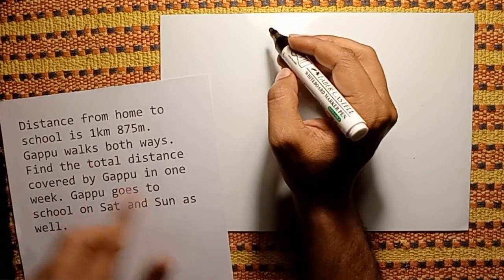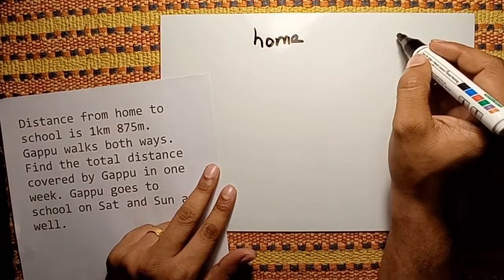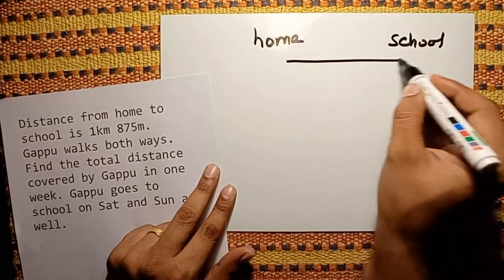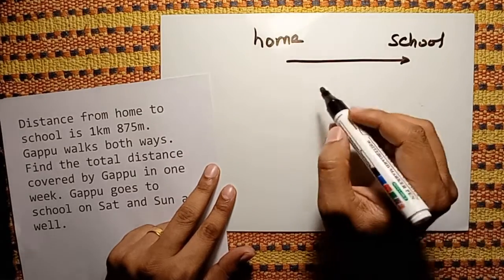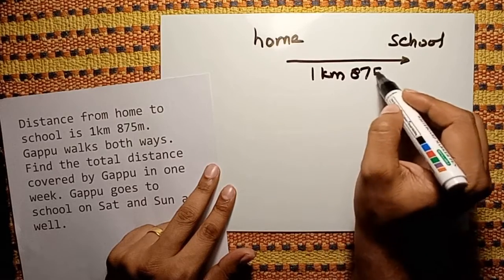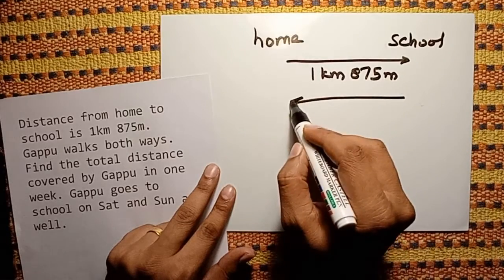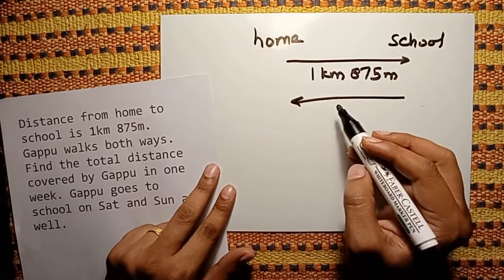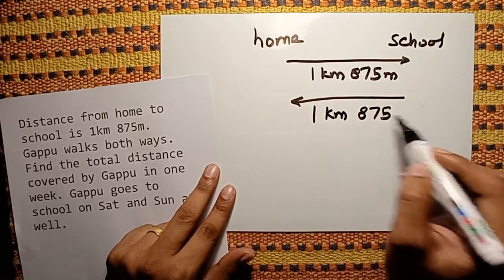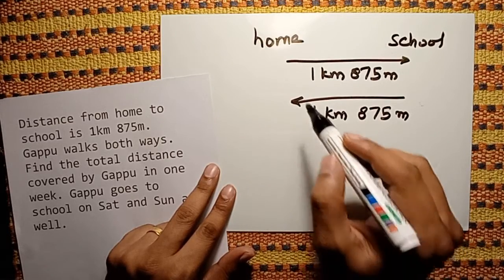So home to school. Let's say this is home and this is school. Gappu goes from home to school. How much did he travel? 1 kilometer 875 meters. Then in the afternoon he goes from school to home. Again, how much does he travel? Same, 1 kilometer 875 meters. So in 1 day, how much does he travel?